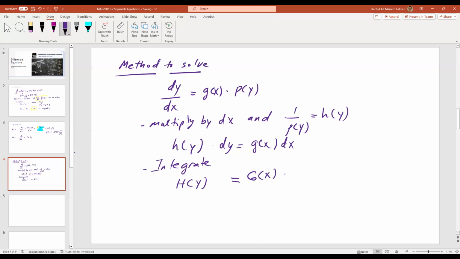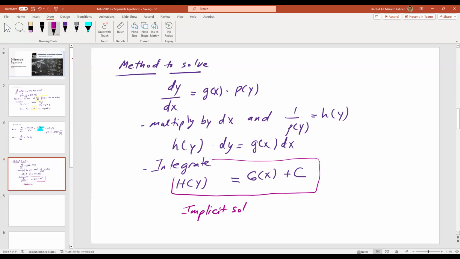And as we saw, we can combine the two constants into one constant of integration. And we're going to call this the implicit solution to this differential equation. And of course, here it is also a general solution.